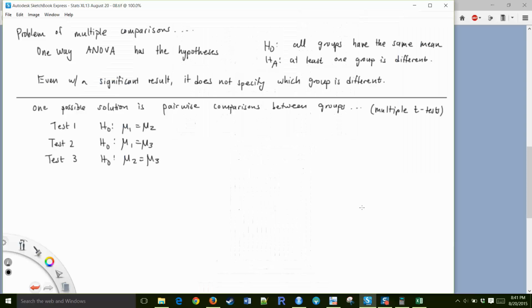If alpha is equal to 0.05, then you run a very high risk of committing a type 1 error after so many t-tests, okay? Or I should just say so many hypothesis tests, really.